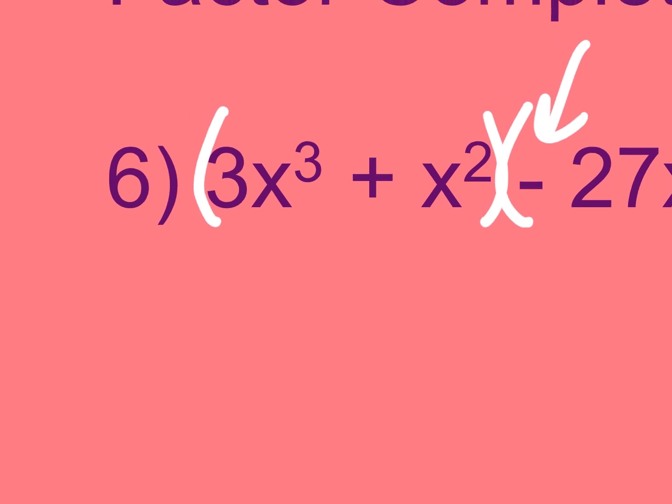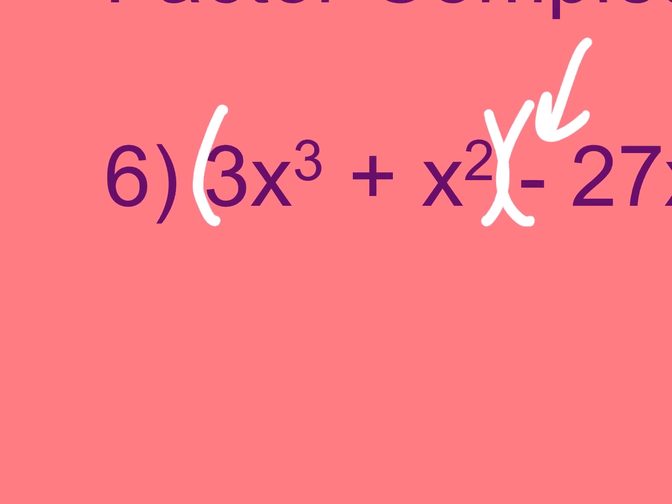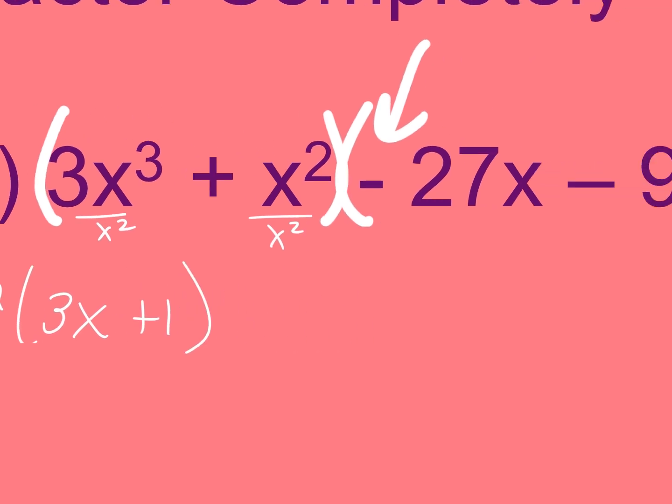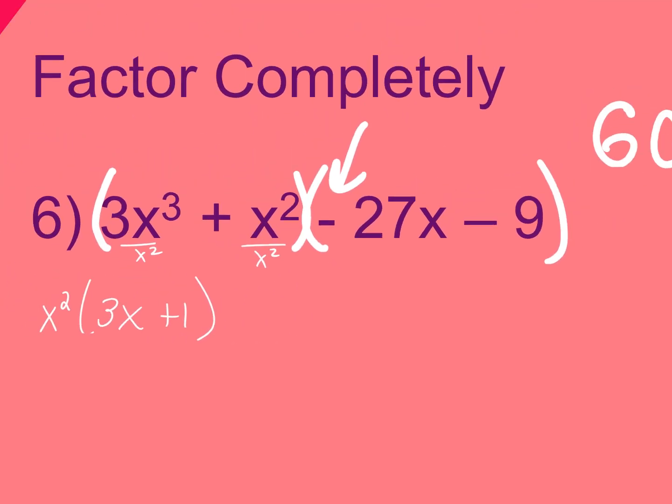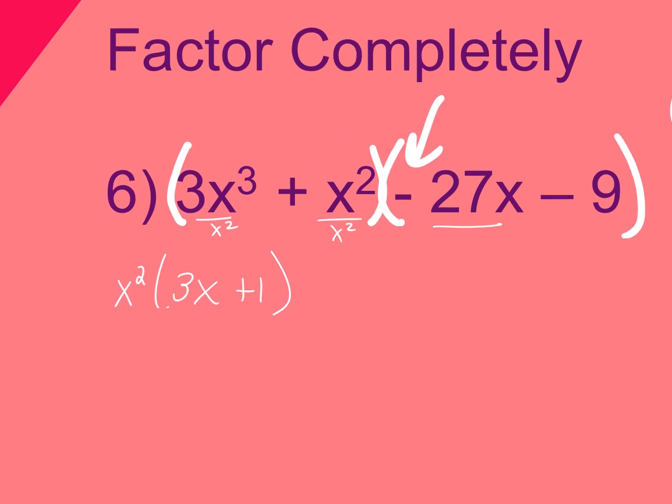So take the GCF out of this first parenthesis. They both have an x squared in common. So when I divide out x squared, I'm left with 3x plus 1. Now I come over here and I say, what can I do with negative 27x and negative 9? Well, since we lead with a negative, we're taking that negative out. So I'm going to divide out a negative 9.